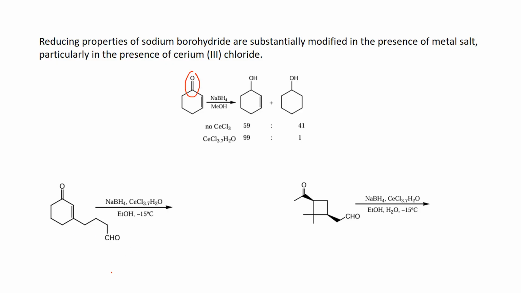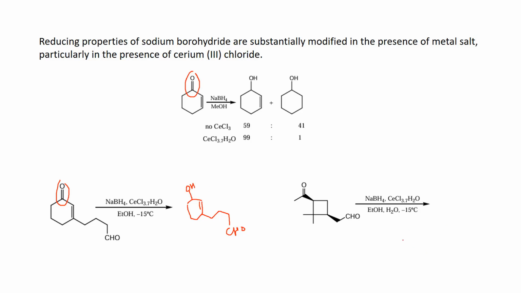Due to chelation of cerium chloride with this CHO group, as CHO group is more electrophilic, this NaBH4 will react with the less electrophilic group and we will get this as our product.